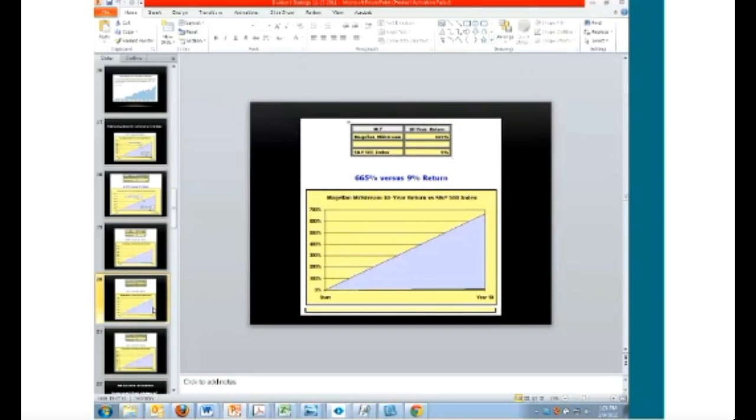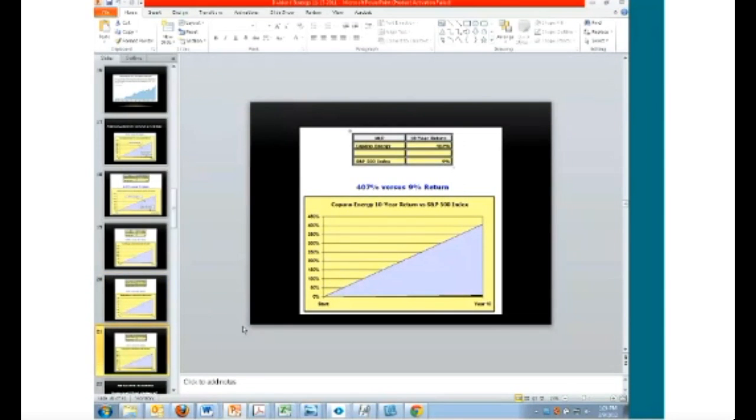Magellan Midstream, 665% return versus 9% for the S&P. And Magellan is a midstream pipeline company, energy pipeline and storage company. And here's one more. This is Capano Energy, 407% return versus 9%. And Capano is an oil drilling and exploration company.